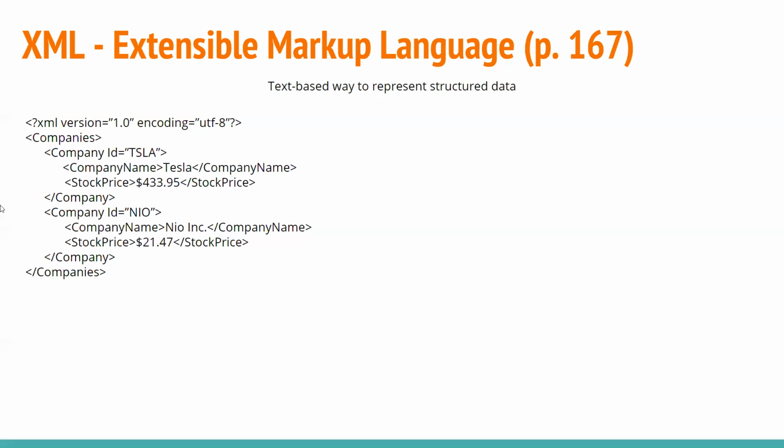I don't know actually what they're even called. Doesn't matter. The company name is Tesla, and the stock price when I made these slides was $433. Then we have another company ID, NEO, company name NEO Inc., NEO Incorporated, and the stock price was $21. So this is just a list of companies along with their stock price, right?